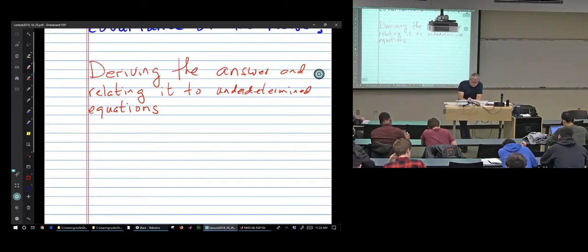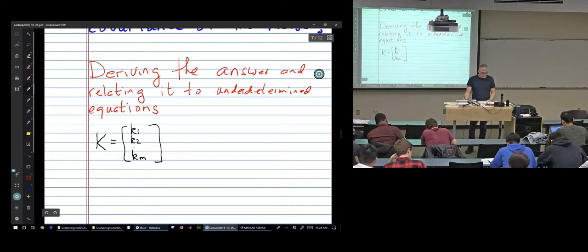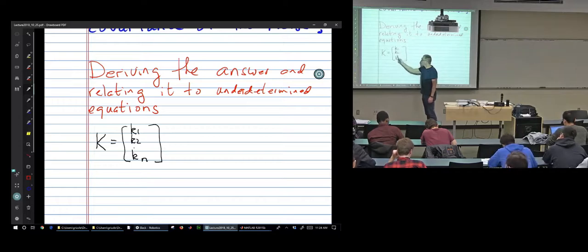Okay, so here's step one. We're going to take K, and instead of breaking it up into its columns, we're going to break it up into its rows. X hat equals K times Y, and X is in R^n. So K has n rows.